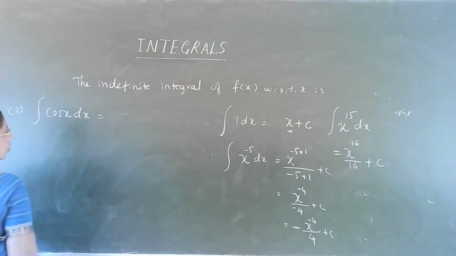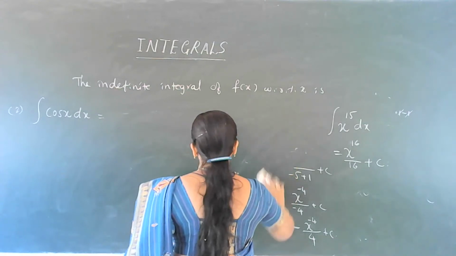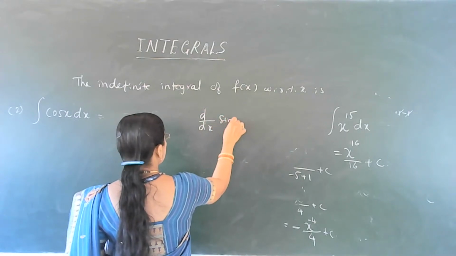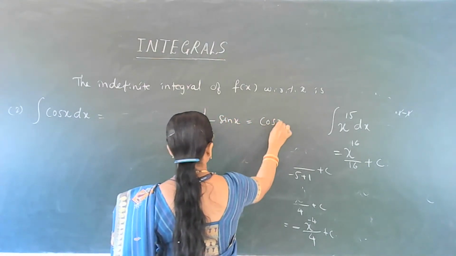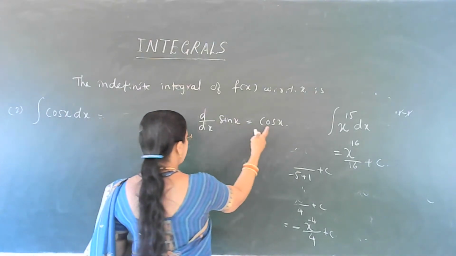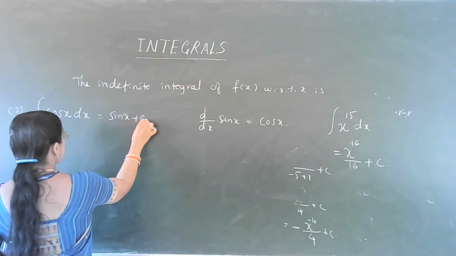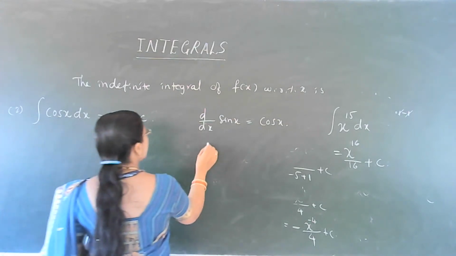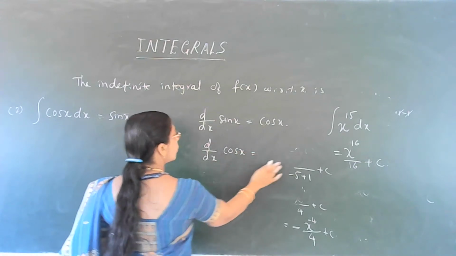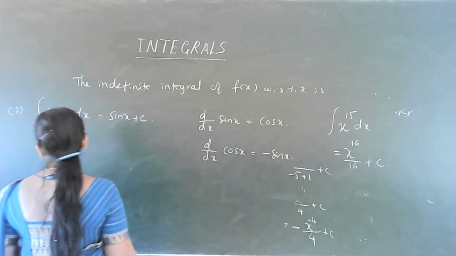Next, we shall go to the integration of cos x dx. First, we know the derivative: dy by dx of sin x is equal to cos x. Therefore, integration of cos x is sin x plus c. Next, dy by dx of cos x is equal to minus sin x.